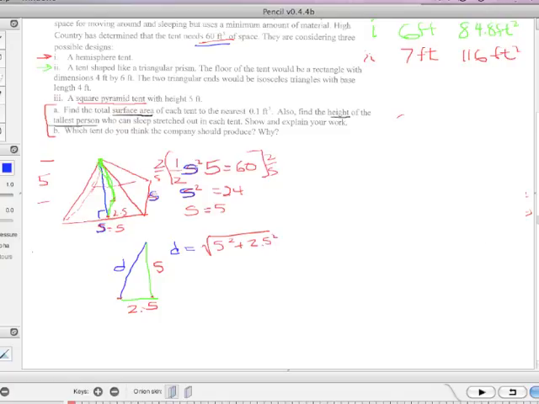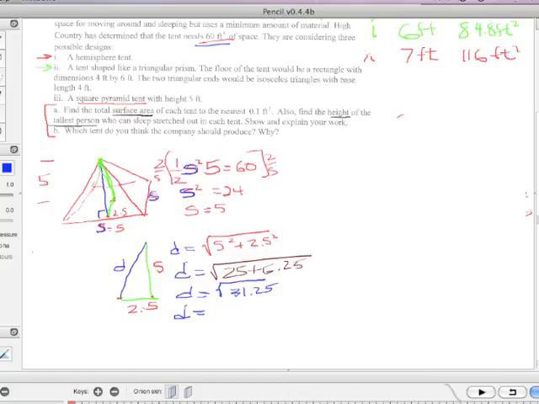So D is equal to the square root of 25 plus 6 1/4. So D is equal to the square root, I'm going to stay with blue now, 31.25. And I'm going to guess this number is something like 6.4.